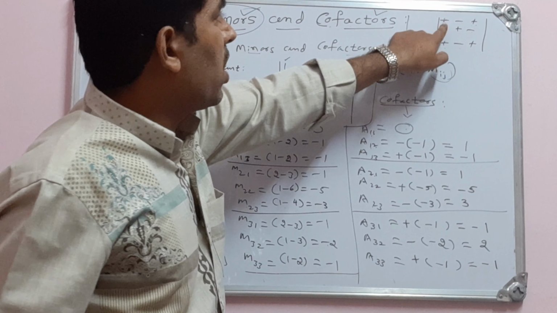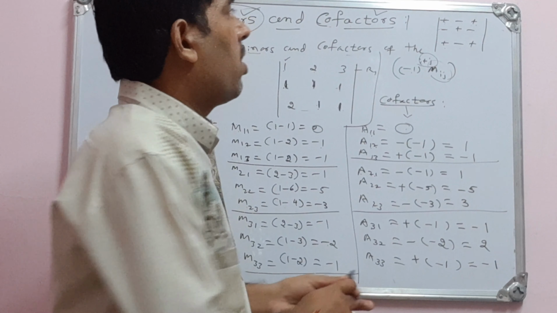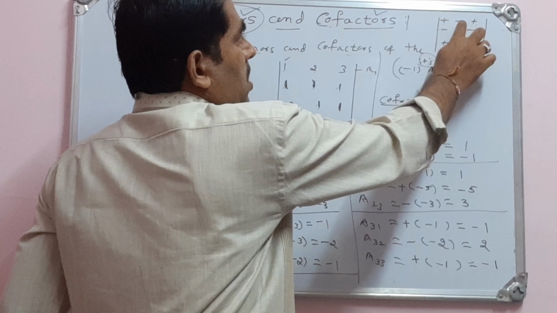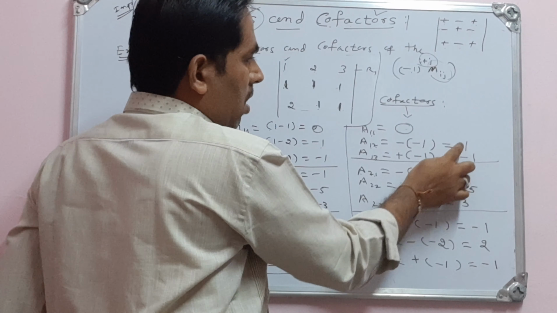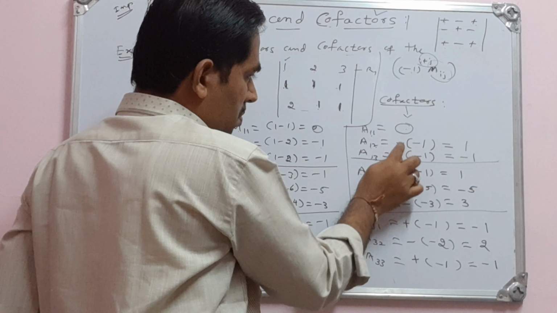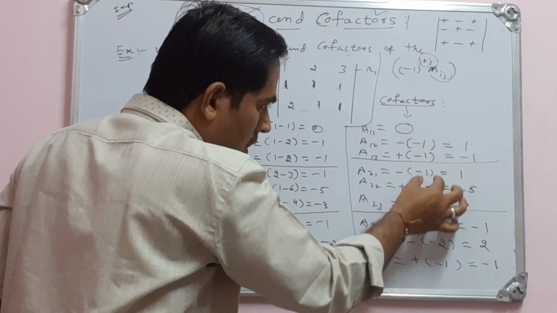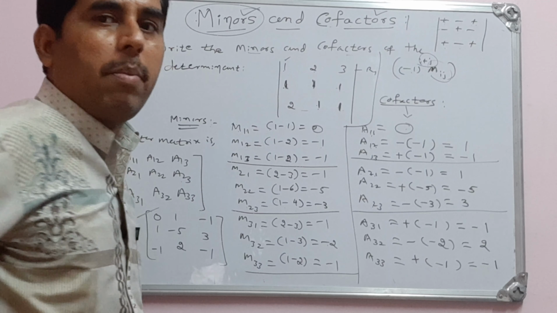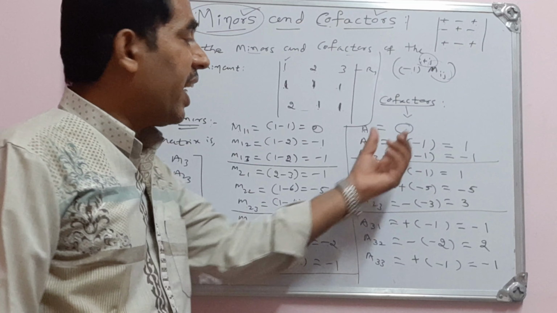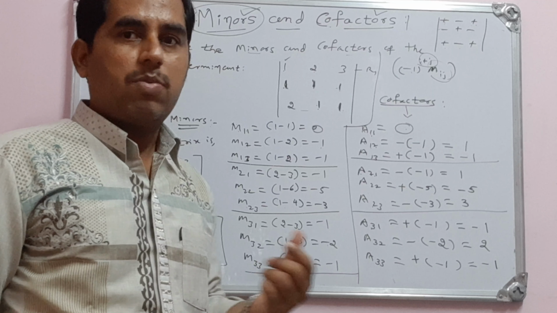You remember this, we told it in our previous class also. Place plus, minus, plus, minus, plus, and go on writing. So take care of the signs. That's very important.